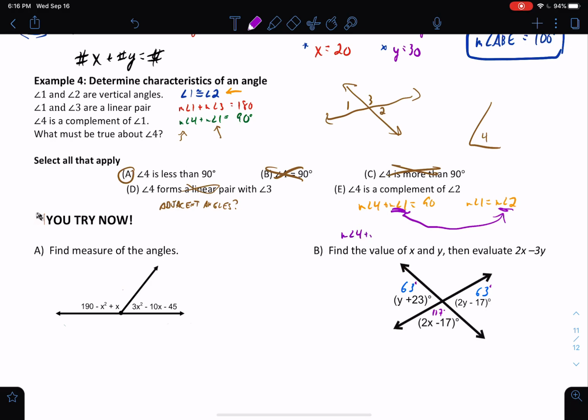And if I do that, I can see that angle 4 plus angle 2 is also going to equal 90 degrees. Okay, so we're looking at A and E for both of those options.